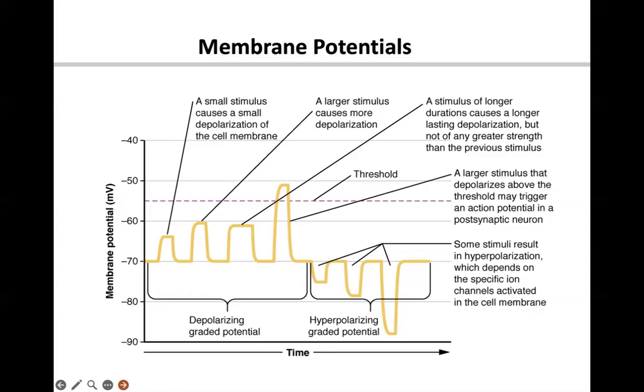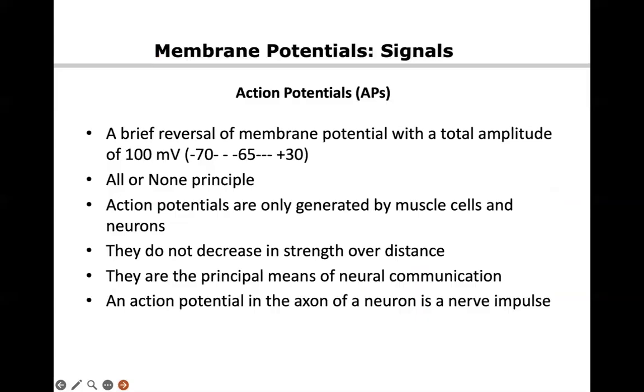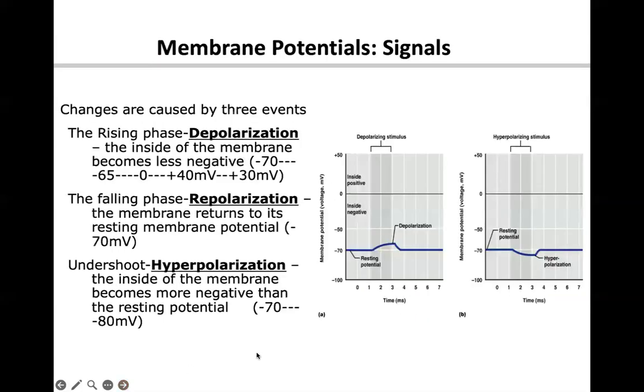So what are these curves called? There are three steps in which this happens. One is called depolarization. The next is called repolarization. The third is called hyperpolarization.